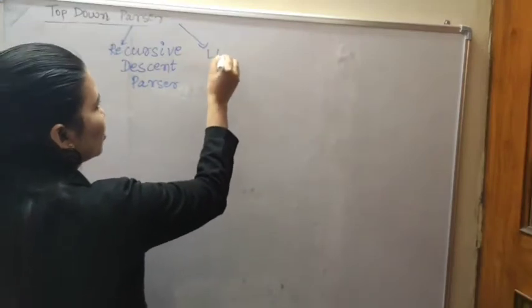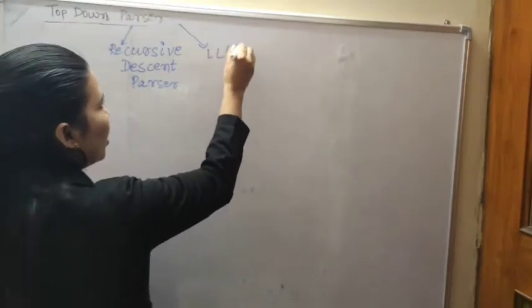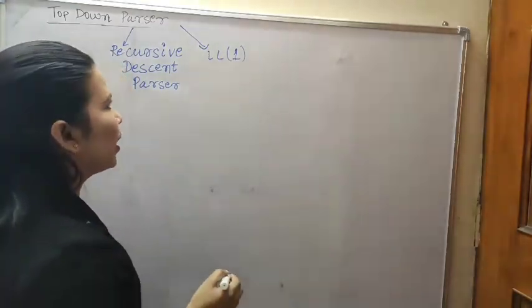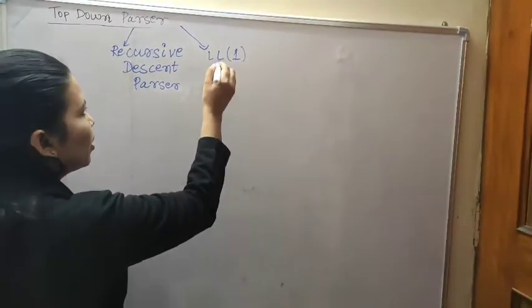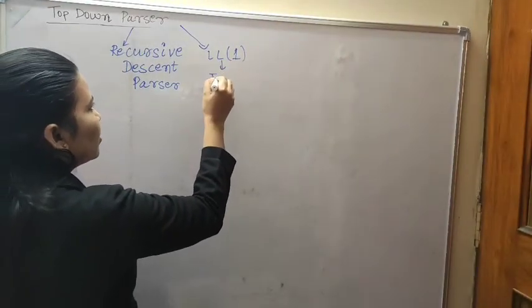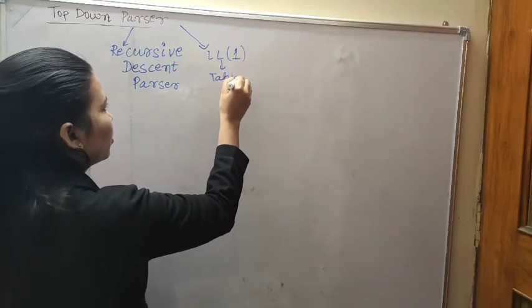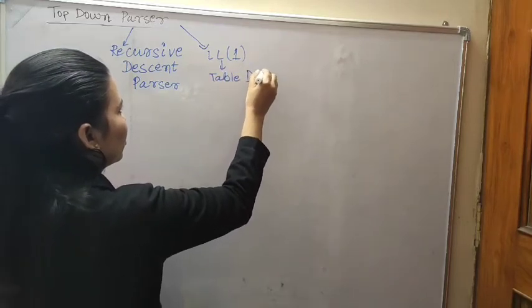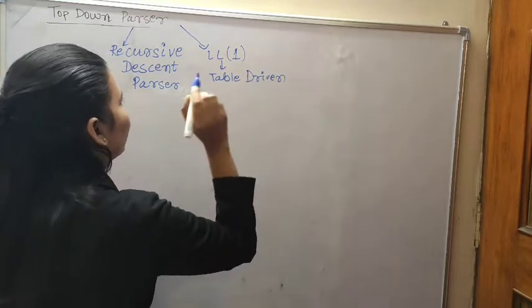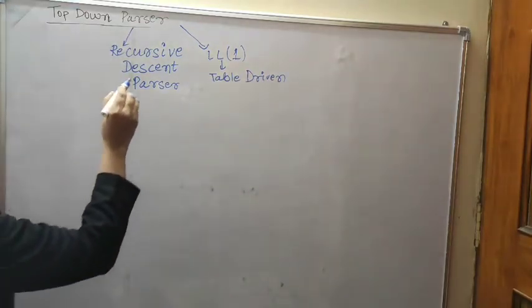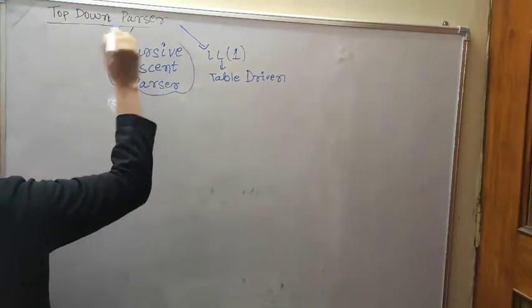Non-recursive descent parser's name is LL1 parser. LL1 is also called table driven. Now first we will see recursive descent parser.